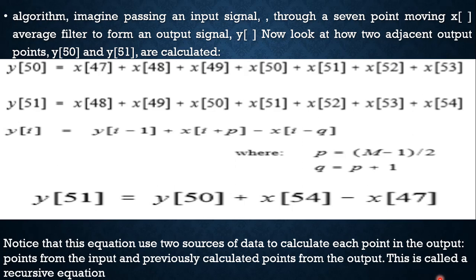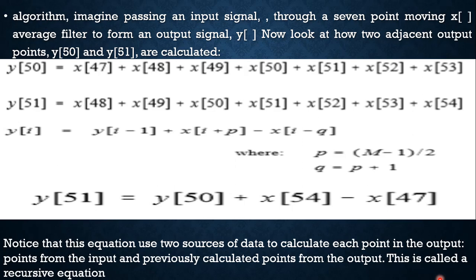When y of 50 is written, we will write 7 consecutive points by considering x of 50 as a middle point, with equal samples before and after x of 50. Before x of 50, the points will be x of 47, x of 48, x of 49, and after x of 50 it will be x of 51, x of 52, and x of 53.